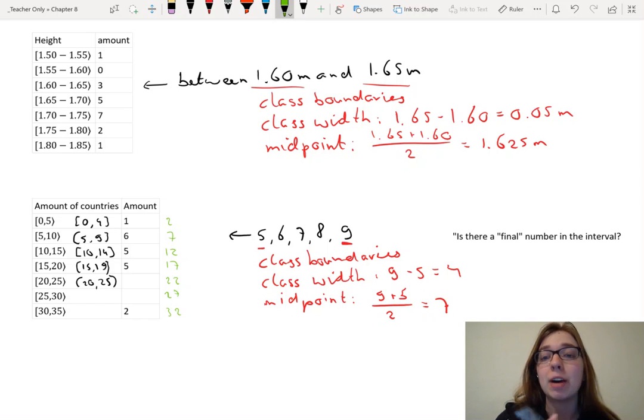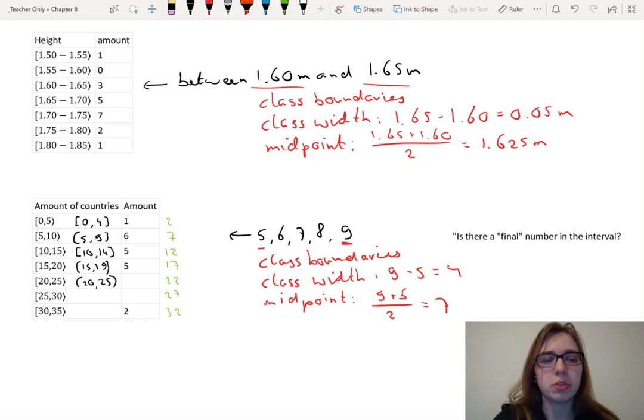And this way we can calculate the mean number of countries. The mode is fairly easy. It's just the largest amount. So the class interval of 5 to 9 is the mode. And the median, we still just take the middle.